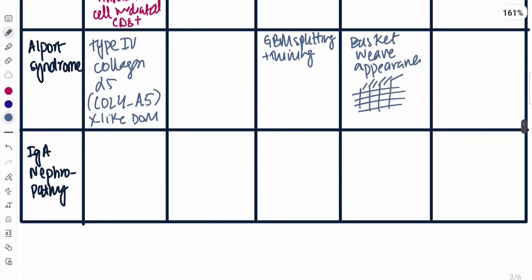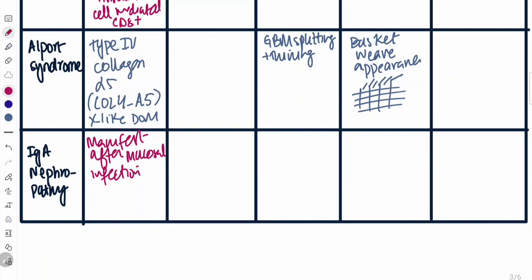Okay. So last one, IgA, and then we will be done after this. IgA nephropathy. This is the most common nephropathy. What is happening in IgA nephropathy? It mostly manifests after a mucosal infection.